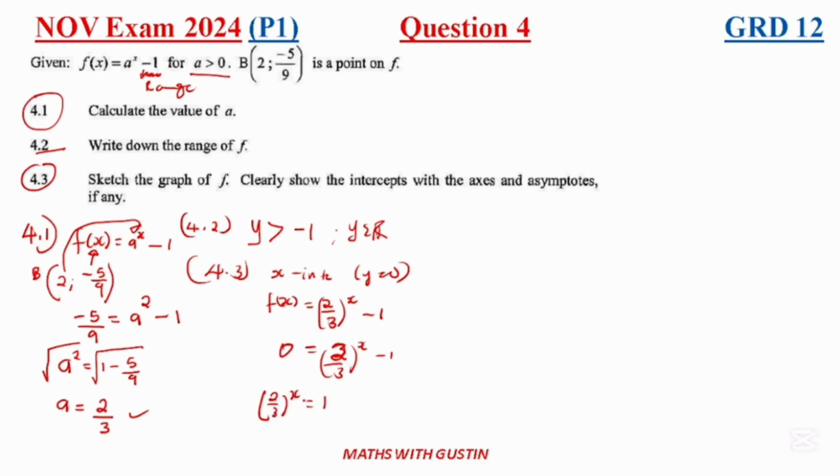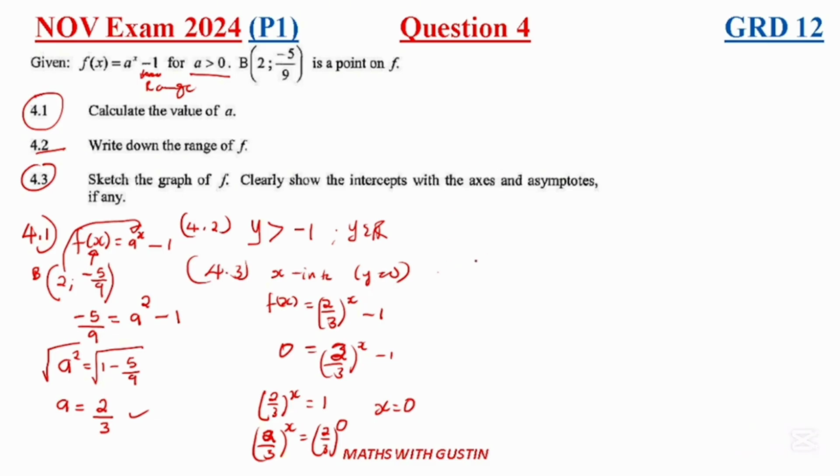Now in order to solve this using exponents, you know that 1 can also be written as 2 over 3 to the power of 0. So ultimately this means that x is equal to 0. So when y is equal to 0, x is also equal to 0.